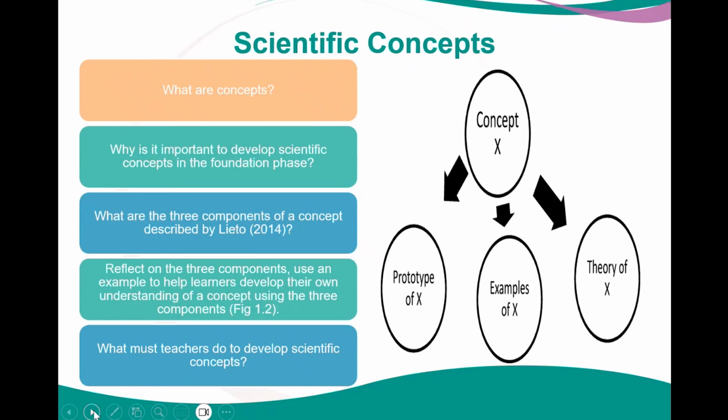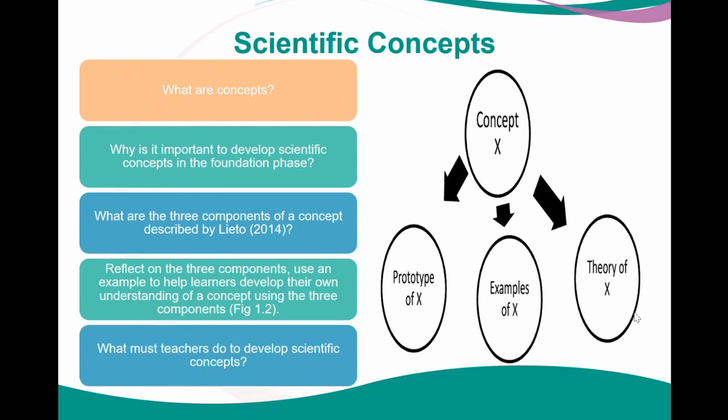And if you look at this model, basically these concepts described by Leto, you get your concept X. So if you're talking about a bird, then you look at the prototype of X. So what would be a prototype of X? I think students usually consider a chicken or whatever it is. And examples of birds, we'll say pigeons, doves, and hawks.